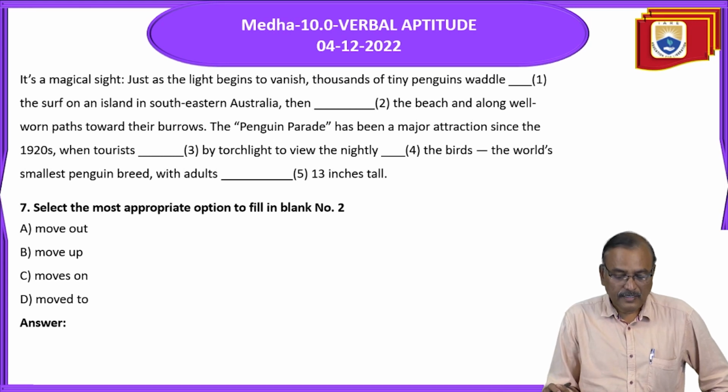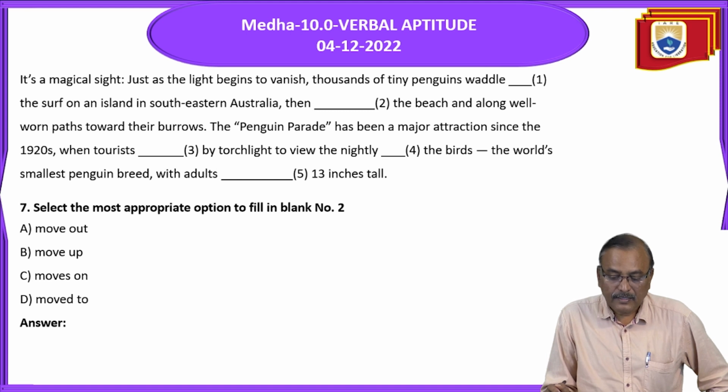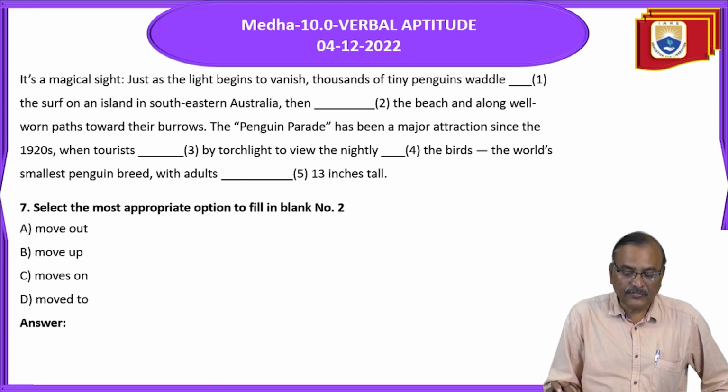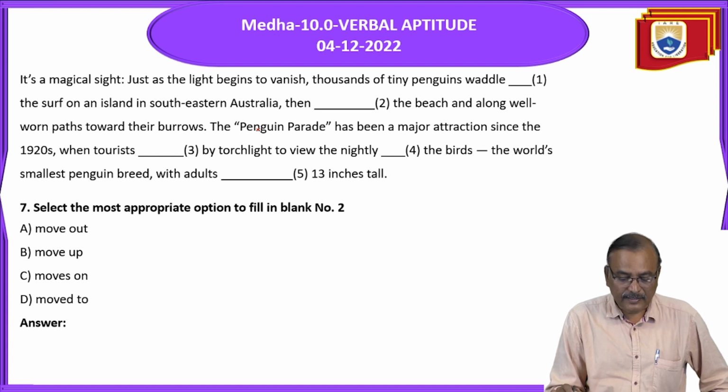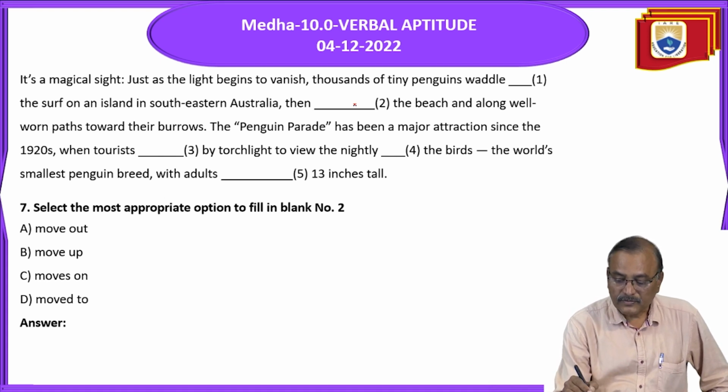Next, second blank here. What is that? Waddle out of the surf on an island here in southeastern Australia. Then move. Then what is that here?